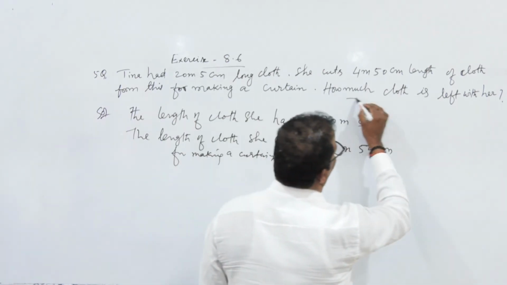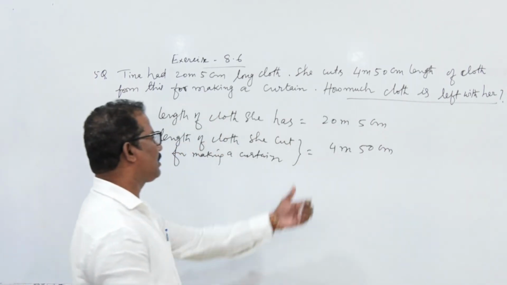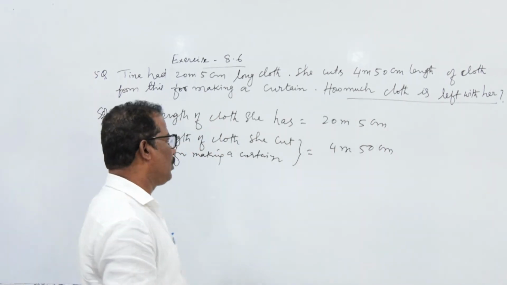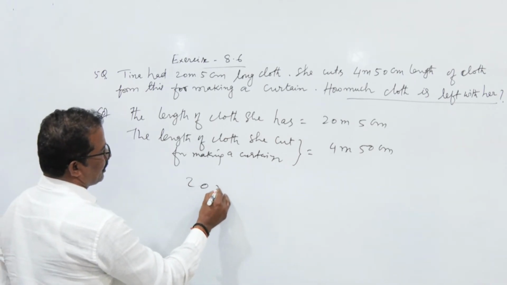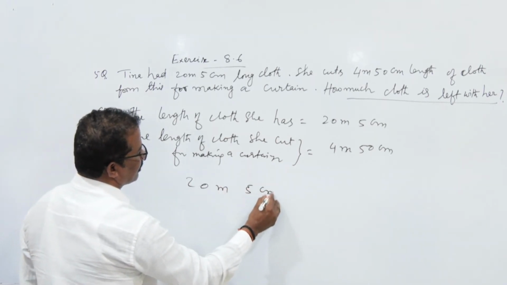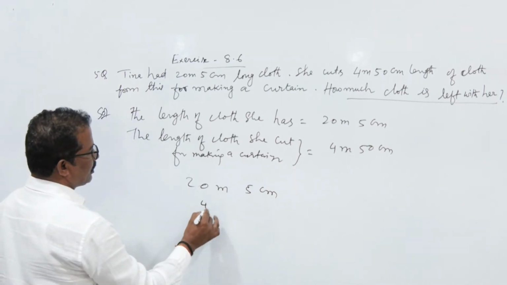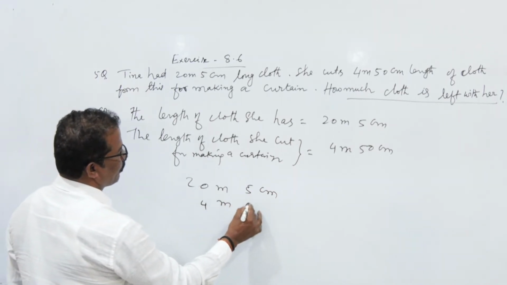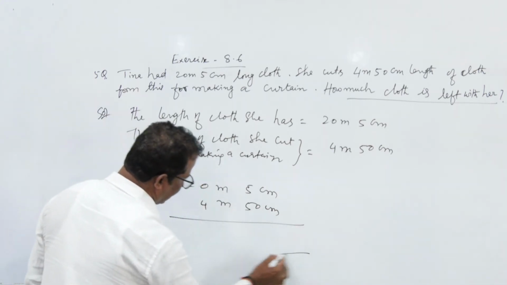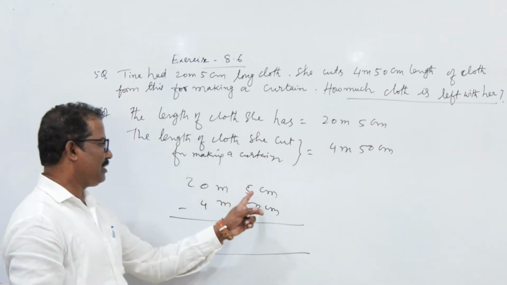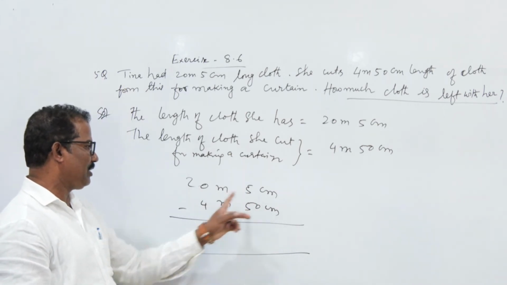How much cloth is left with her? That means we have to subtract this length from this length. How is it? Like this. See, it is 20 meter and 5 centimeter and it is 4 meter and 50 centimeter. So you see, there are two different units, centimeter and meter.